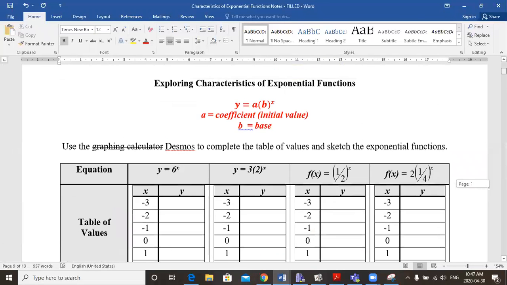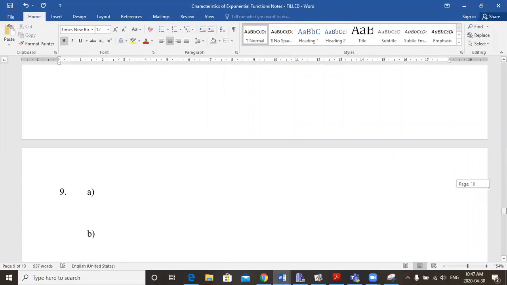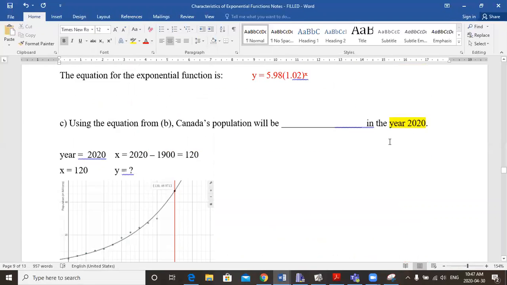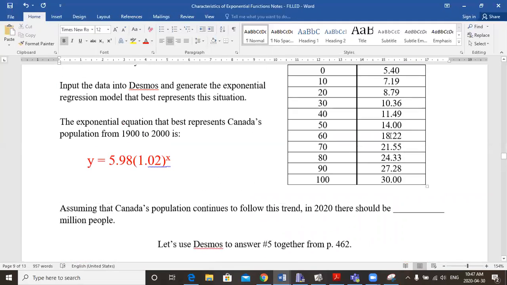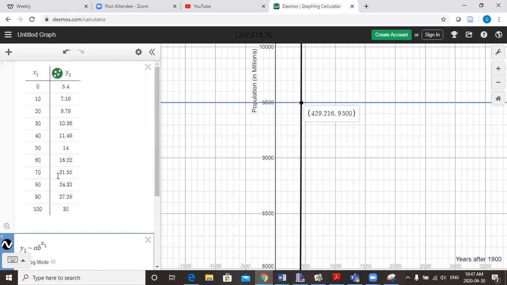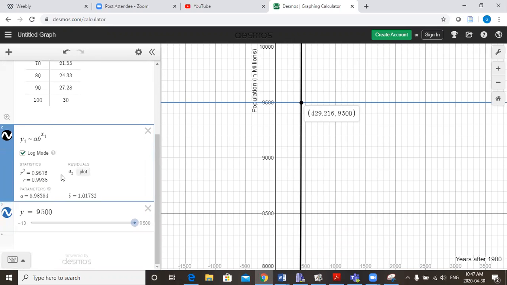So to recap, you simply input the data into Desmos, and then you type in the regression model, click log mode, and then put the A and the B values in the right spots, the X, of course, in the exponent, and round as needed.